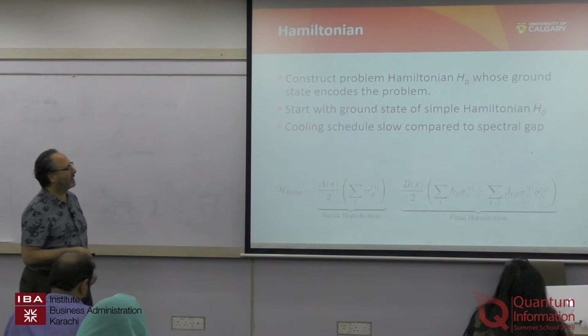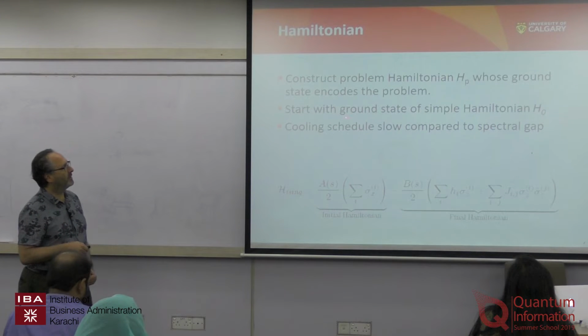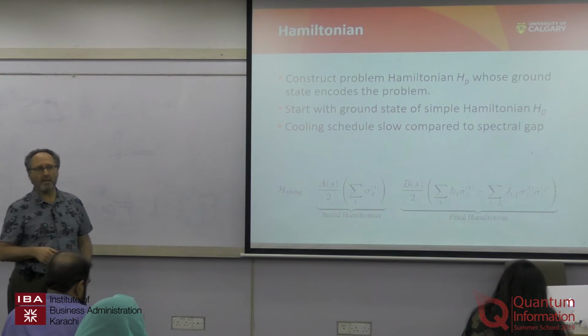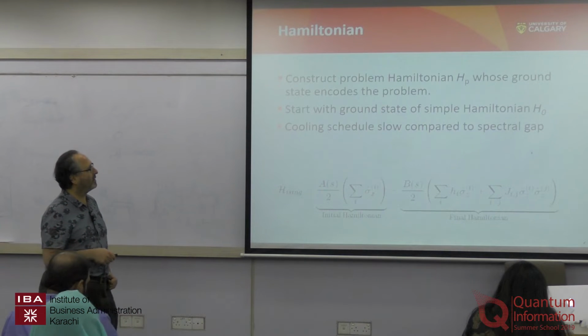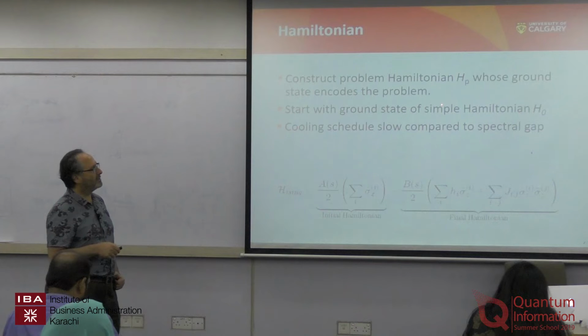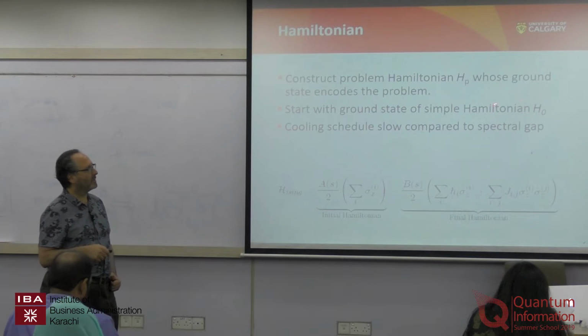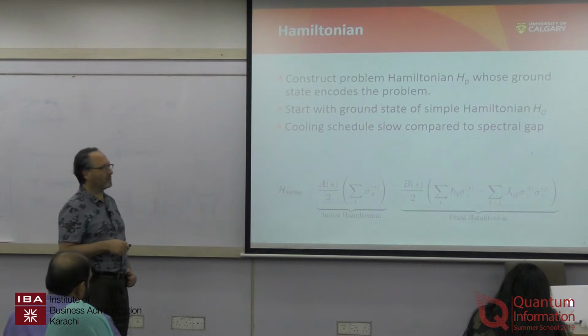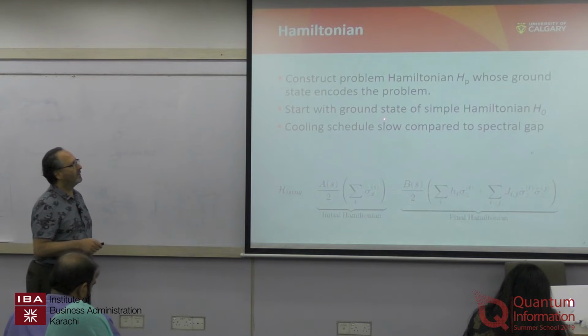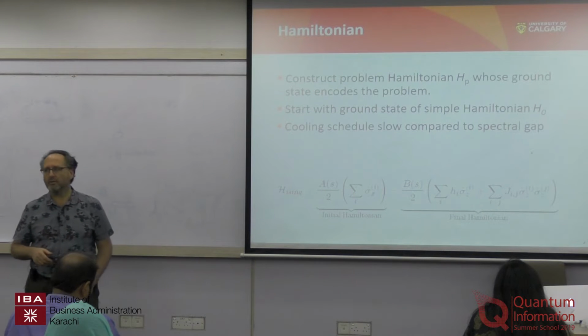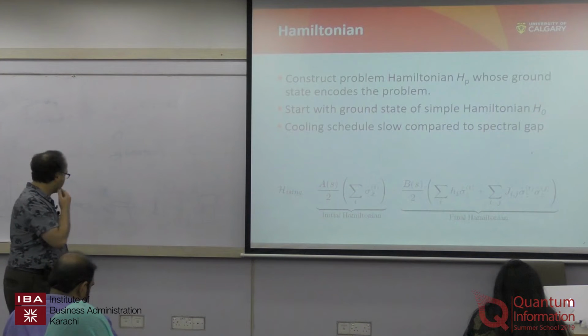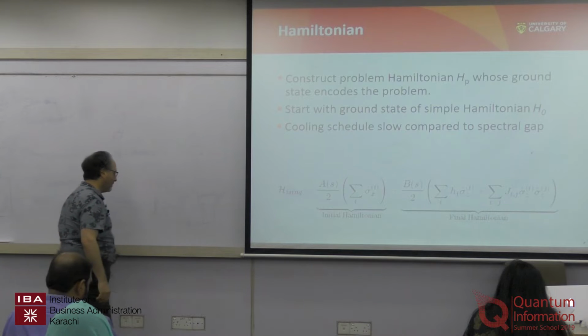And there's another Hamiltonian, H naught, which has a ground state that's easy to prepare. Then the idea is to evolve the system so that the Hamiltonian that governs the dynamics begins here and ends here, and evolves slowly according to a schedule. And then the new state will be the answer to the problem, and it's read out.